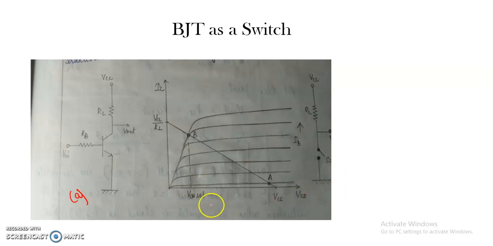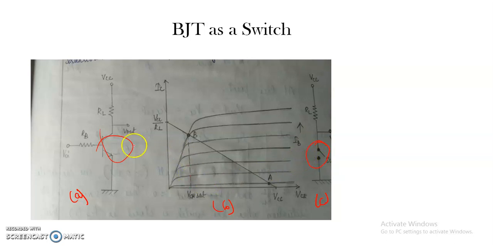Figure C shows a circuit where the bipolar junction transistor has been replaced by a switch, with the symbol of a switch.